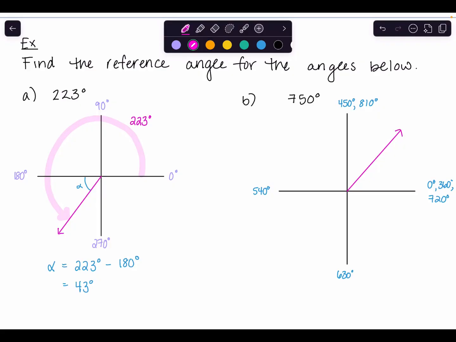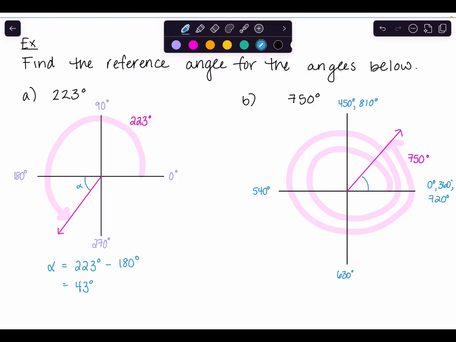And I'm still not at my angle 750. So adding another 90 degrees gives me 810. And now I'm doing better. 750 is less than 810. So my terminal side ends somewhere in here.